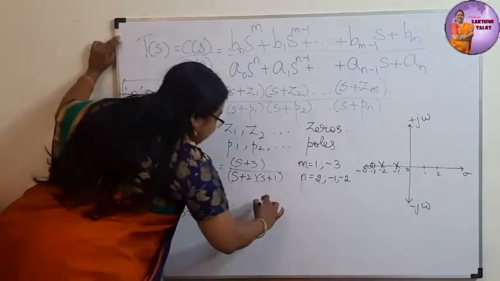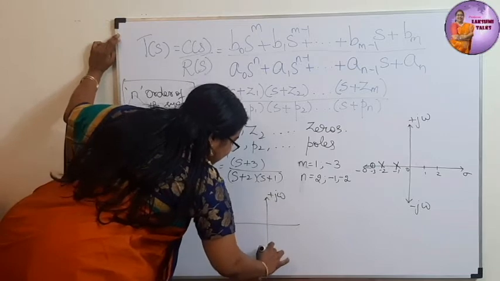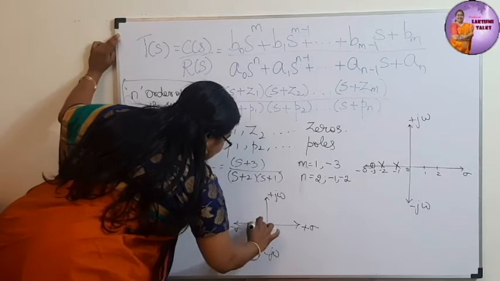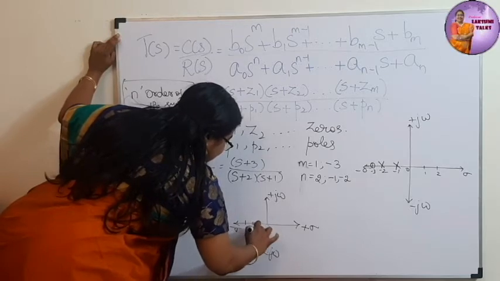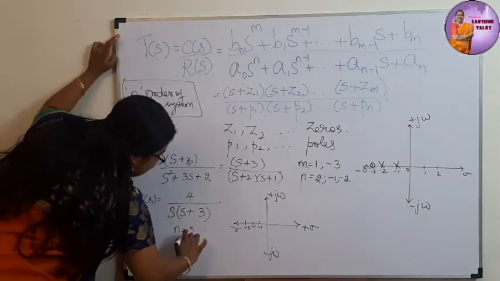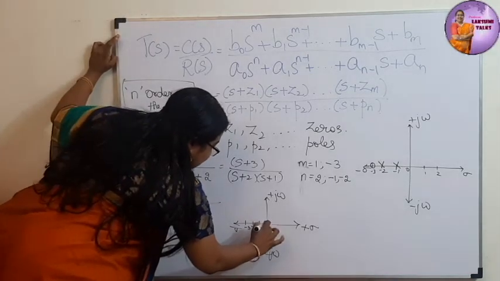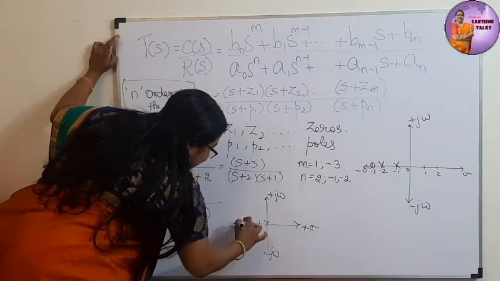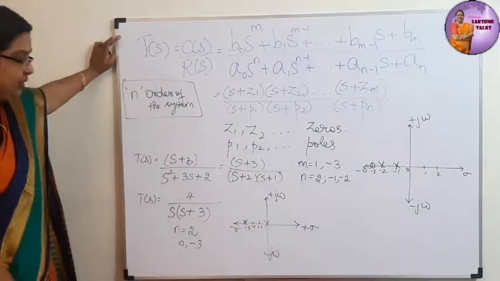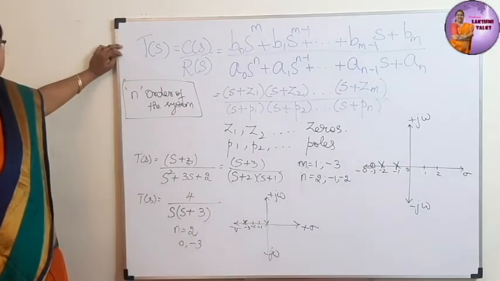So, for this, if we want to draw a graph, plus j omega, minus j omega, plus sigma and minus sigma, -1, -2, -3, okay? So, here there are 2 poles, n is equal to 2, and what are the locations? 0 and -3, okay? So, at 0 we have a pole and at -3 we have a pole. So, how many poles are there at origin? There is 1 pole at origin, right? So, this is a type 1 system, okay?